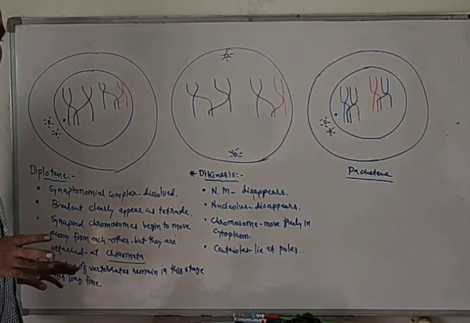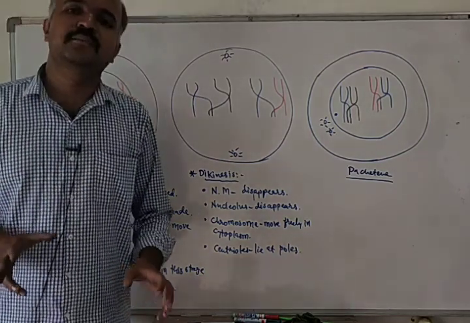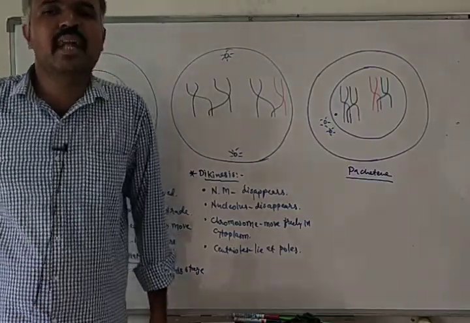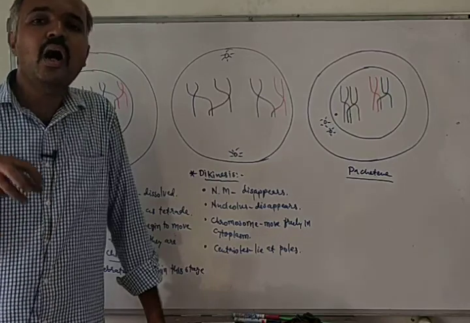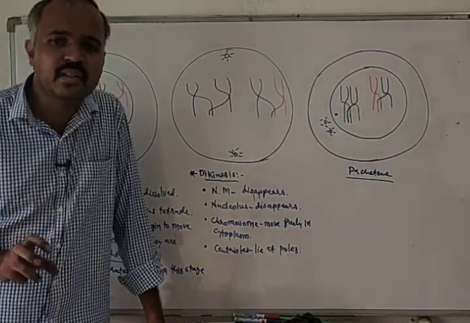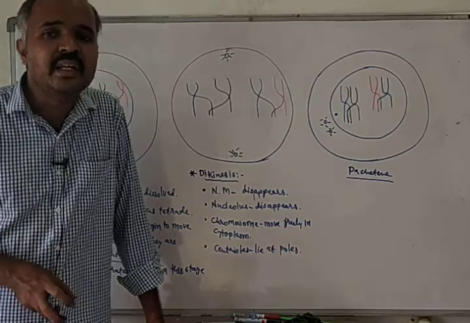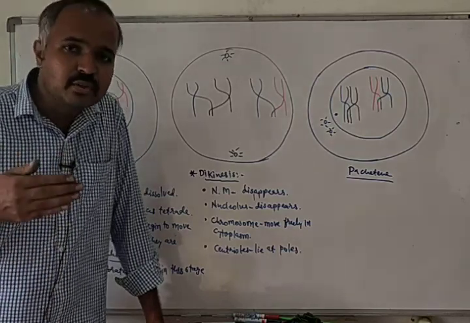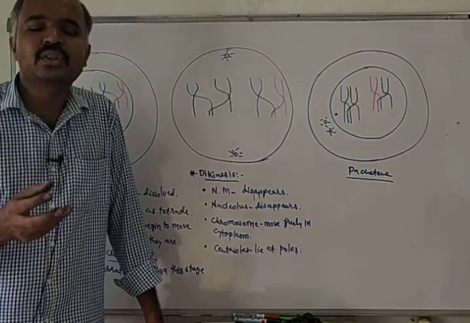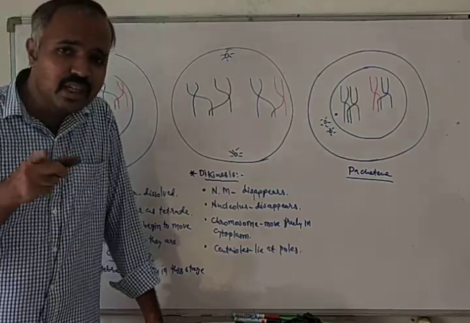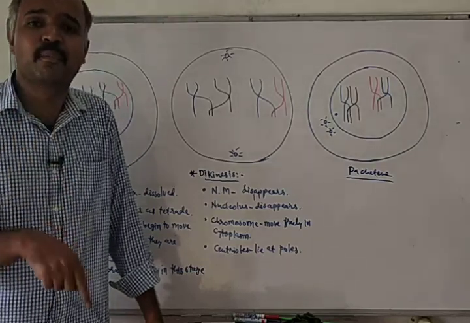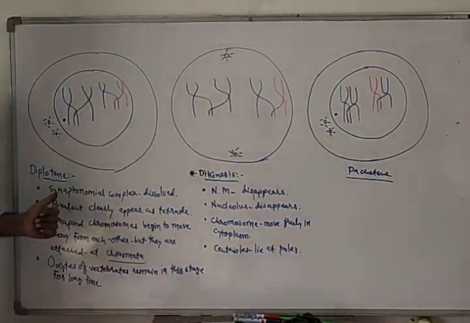The oocytes of some vertebrate animals remain for a long period in the diplotene stage, say for example months or years. For example, oocytes of human beings remain for 14 years in the diplotene stage.